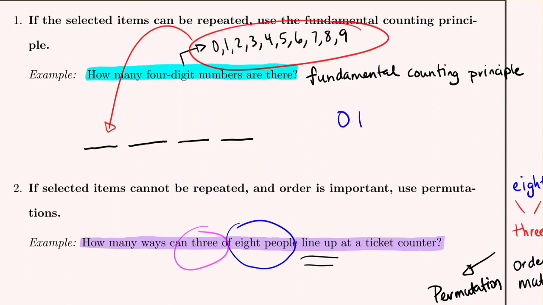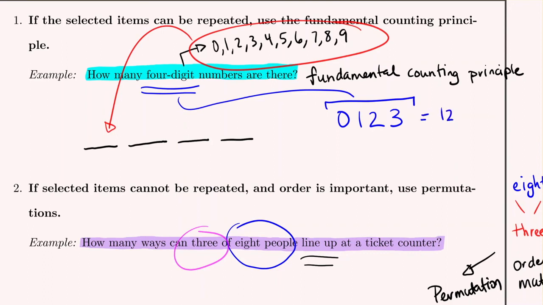Consider if I wrote down this possibility. Does this meet my criteria of being a 4-digit number? I have 4 numbers written, but it's not really a 4-digit number. This is a 3-digit number in disguise, right? 0, 1, 2, 3 is 123. So if you're asked for a 4-digit number, remember that 0 cannot come first. Because if 0 comes first, you're not really writing a 4-digit number, you're writing a 3-digit number in disguise.